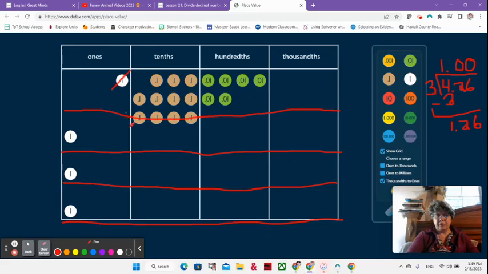So please make sure that you're drawing 10 tenths in there, because now this has become a tenth. We've already dealt with it in the ones place. What is left over is coming to the tenths place. So now we have 12 tenths.